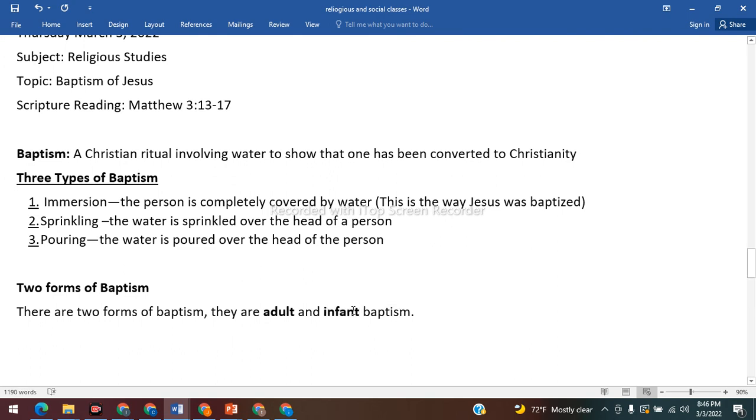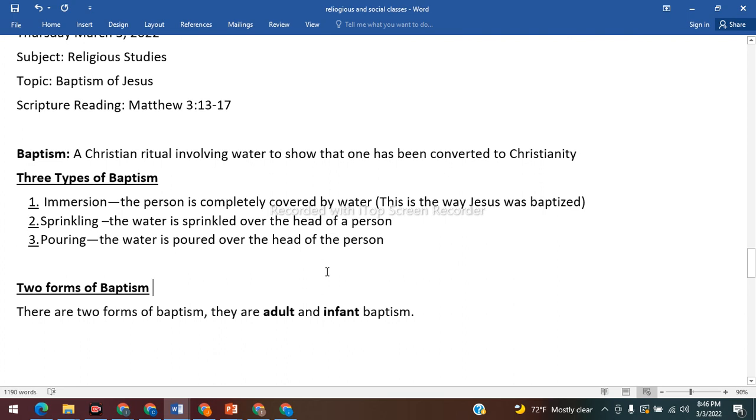I don't believe there's such a thing as infant baptism because they're too young. To me, they're too young. But that is what the text says. Of course, in the exam they expect you to know and be able to articulate what the syllabus says.